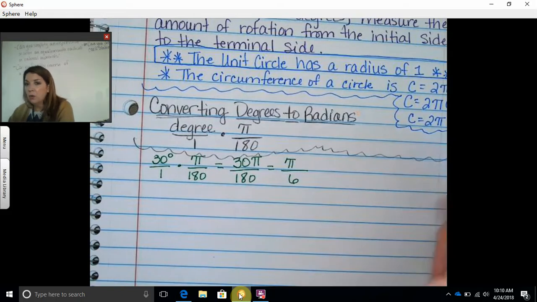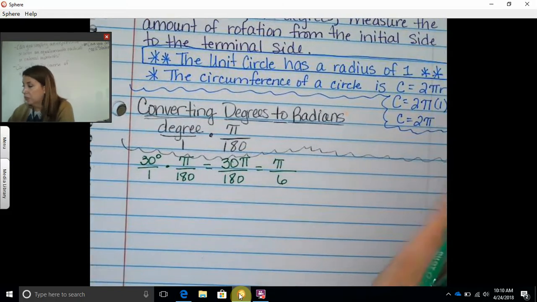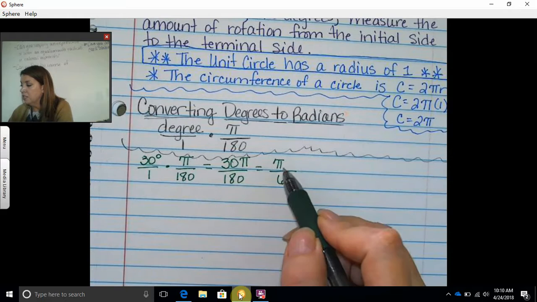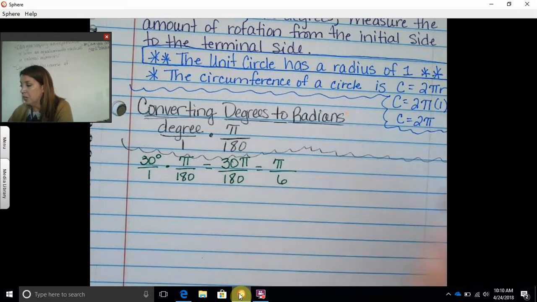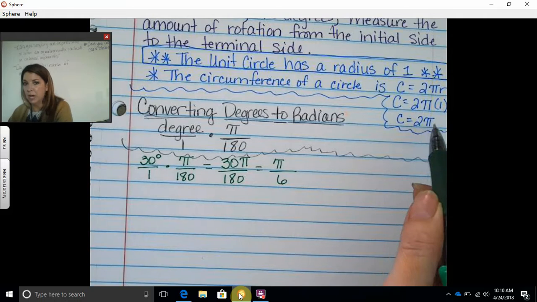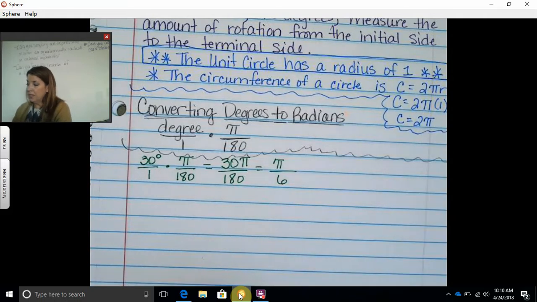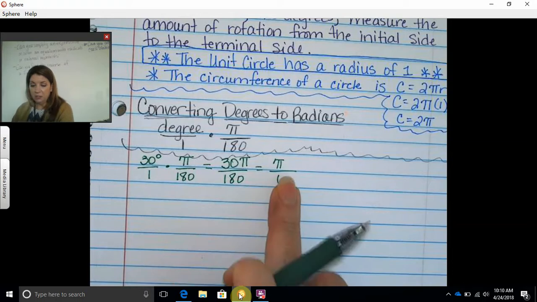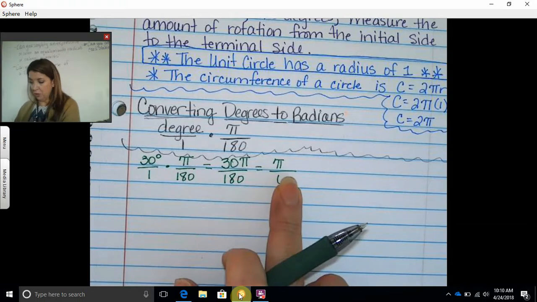So if you go all the way around a circle, you've gone 2 pi. That's in radians. When you see pi, that's in radians. So this is pi divided by 6 of the way, and it goes all the way around 2 times pi. So for radians, we have pi over 6. And I'll go fill it in a minute once we do the first quadrant.